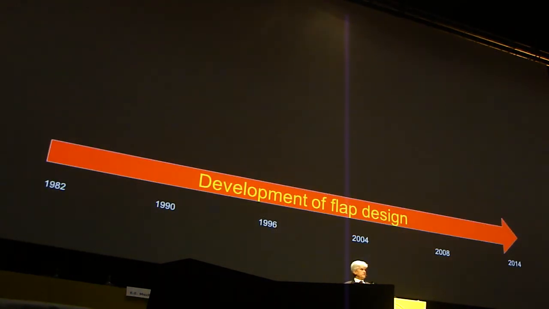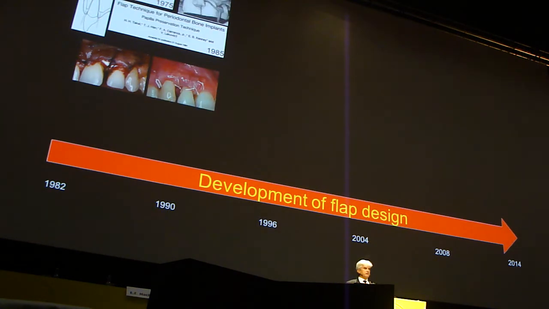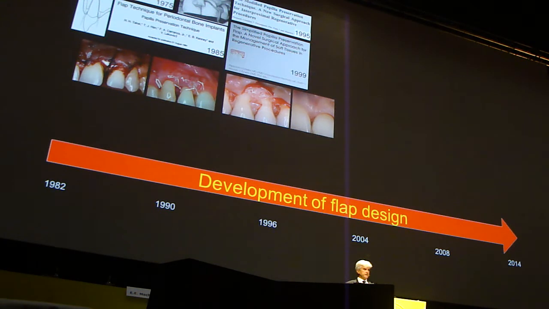What about the flaps? The flaps have been developing a lot through time. I started personally in 1982, by cutting the flaps like Ramfjord proposed, the modified Widman flap. Then Henriette Kay had the brilliant idea that maybe preserving the interdental soft tissue was something to be done in regeneration, and we followed the idea of Takei, proposing the papilla preservation flaps.